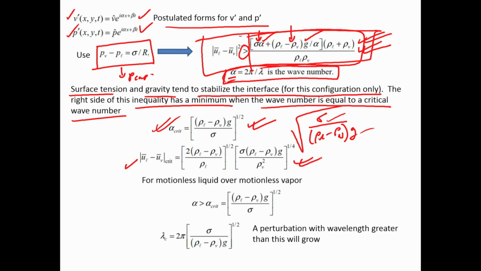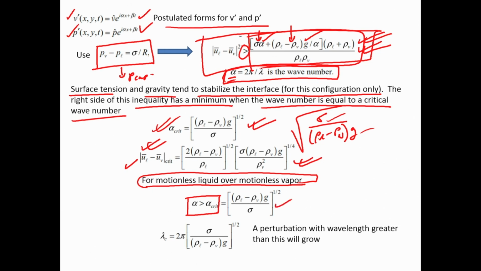This is for motionless liquid over motionless vapor, that means both the phases are static. Previously it was actually moving. Now, if the vapor and the liquid phases are motionless, then alpha must be greater than alpha critical.